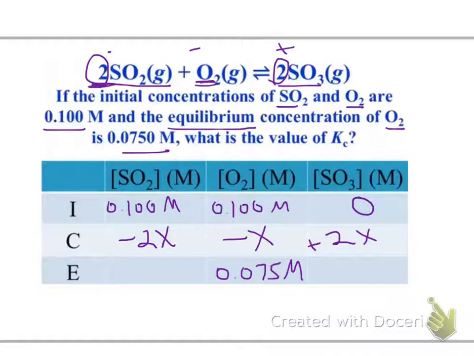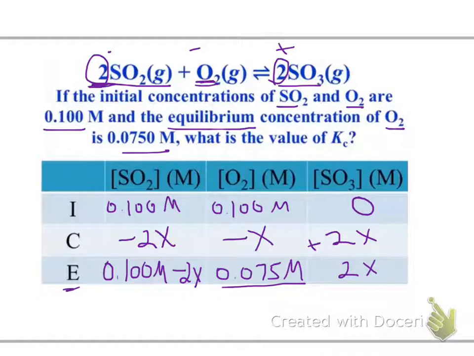Now I can go ahead and write my equilibrium amounts based on what I'm starting with. So I'm going to start with 0.100 molar minus 2x. I already know the equilibrium concentration of O2, but for SO3, my equilibrium concentration is going to be 0, what I started with, plus 2x, so it's going to be simply 2x.